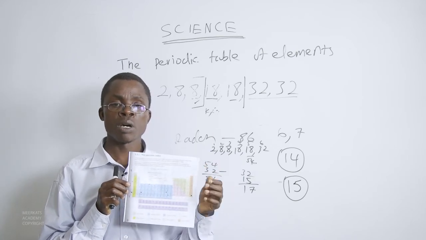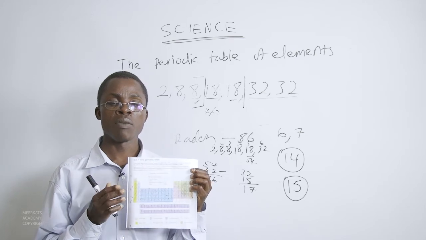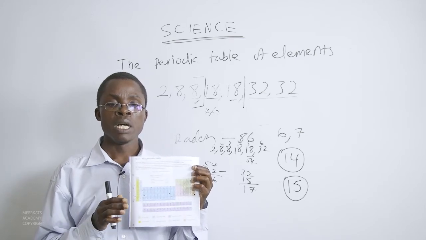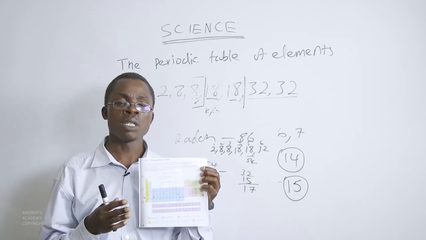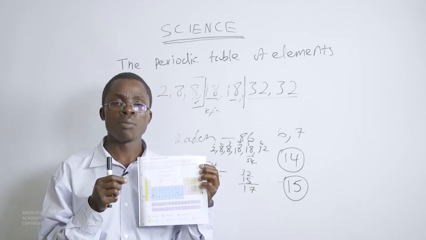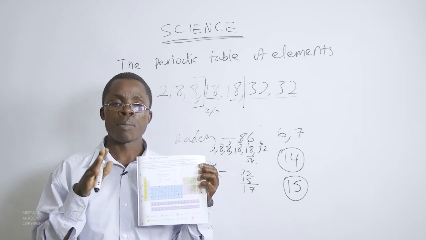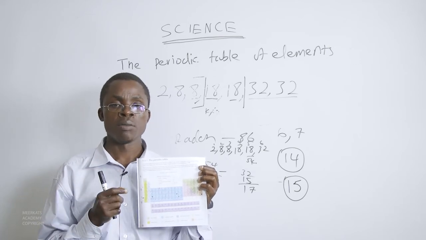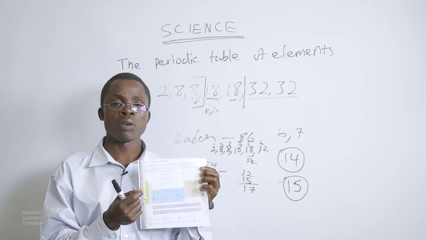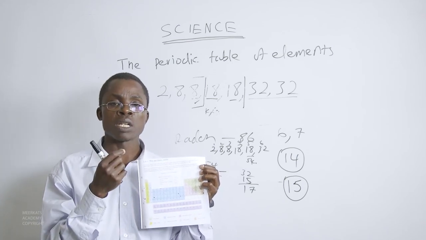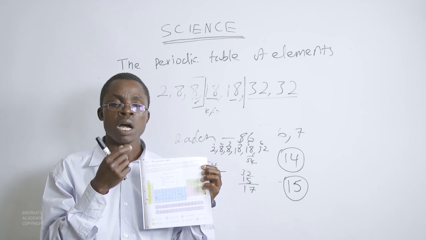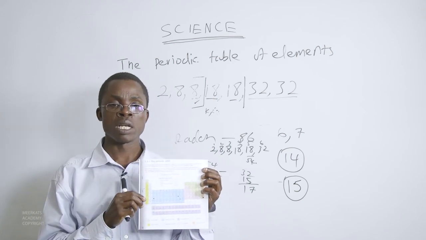And as we proceed with our science lessons, you will discover how helpful it is. It is from this table that one can easily pinpoint the most important element to perform a particular activity, because you just have to identify the characteristics, look for a group that has similar characteristics, and there you are, you have gotten the element.